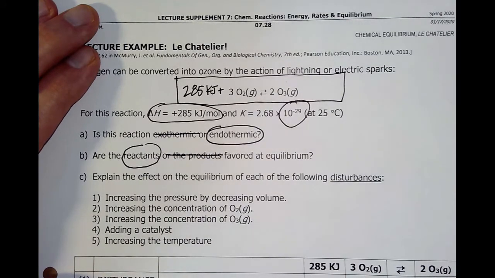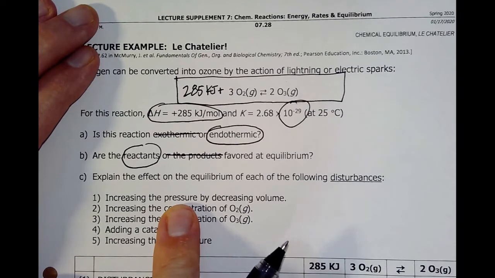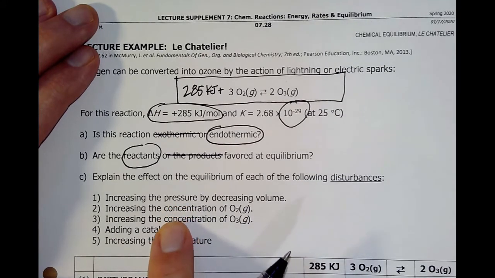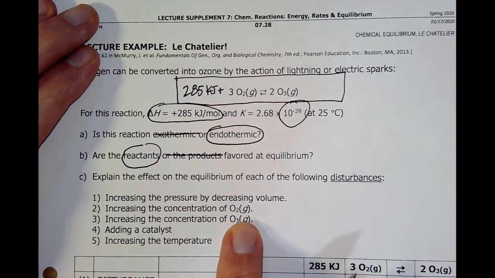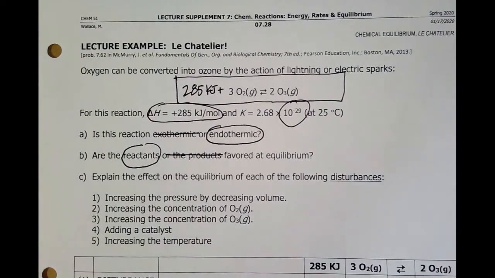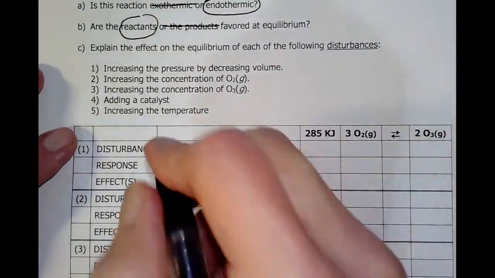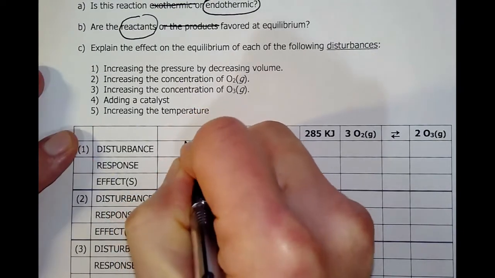Now here are my disturbances. I'm going to decrease the volume and increase the overall pressure. Another experiment, I'm going to increase the concentration of O2, increase the concentration of O3, add a catalyst, or increase the temperature. There are my 5 different disturbances that I'm going to impose on this thing. So the first one says you're going to increase the pressure.